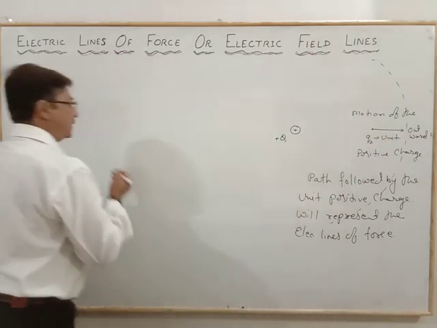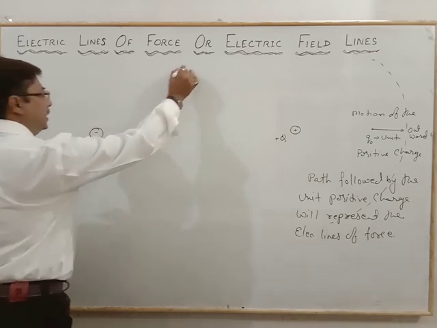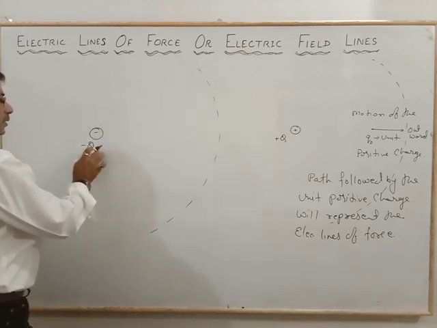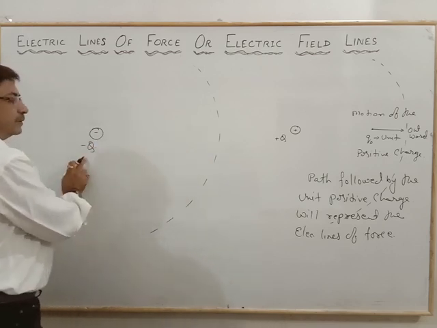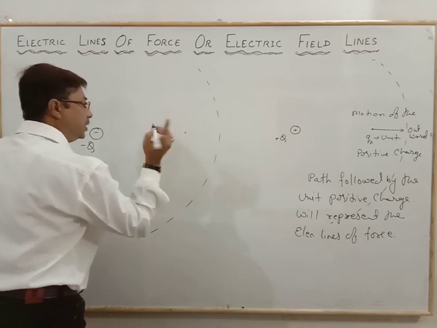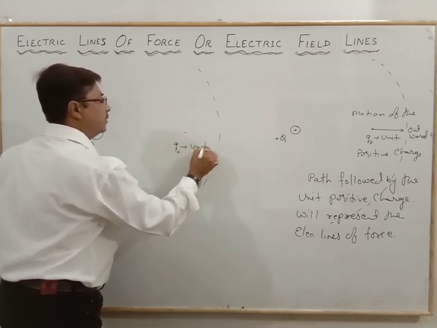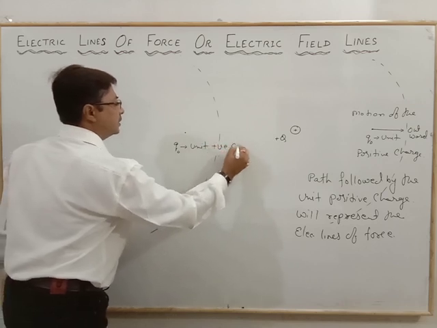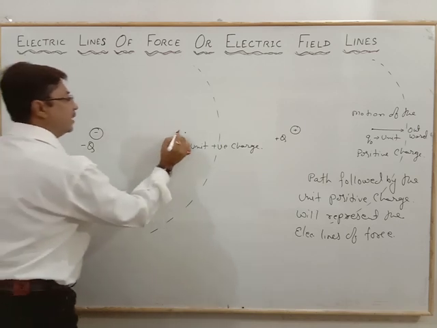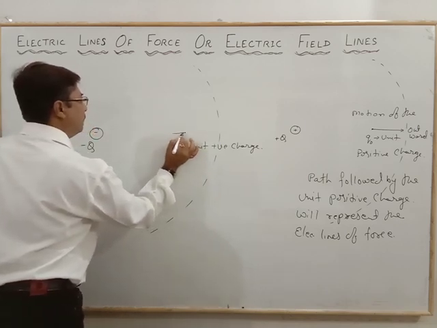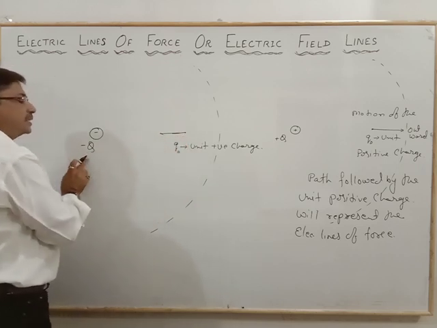But if we consider the negative charge, negative q, and its field, and at the field of the negative charge we place the unit positive charge q naught, then again a force acts, and that force will move the unit positive charge towards the negative.